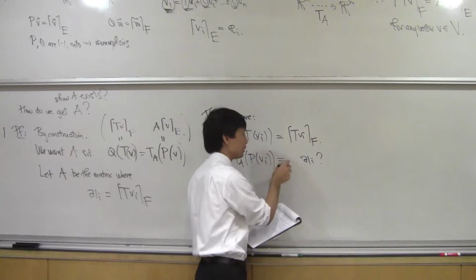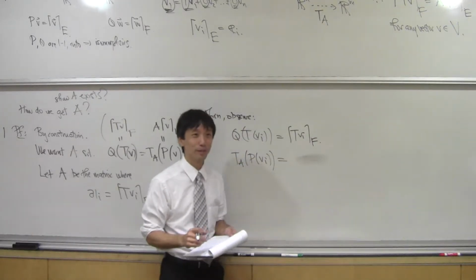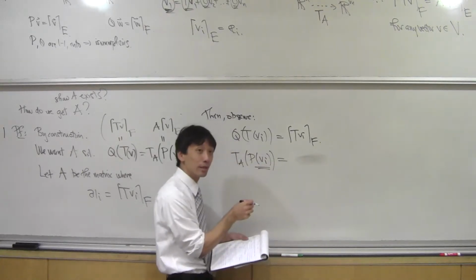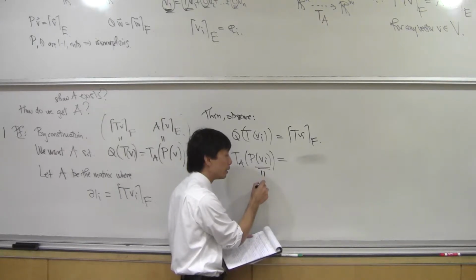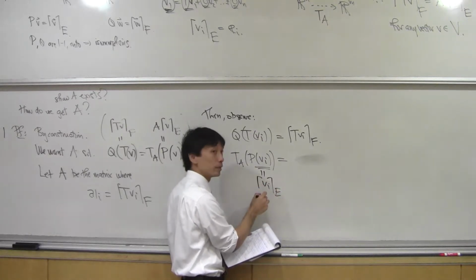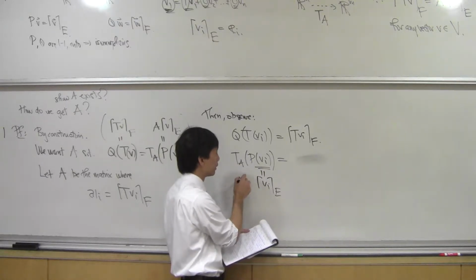Okay, so why do you say that? I mean, P of VI is the same as bracket VE, right? And then you're changing the transformation to T_A. Are we saying it's the matrix, or was I thinking of it as the matrix?